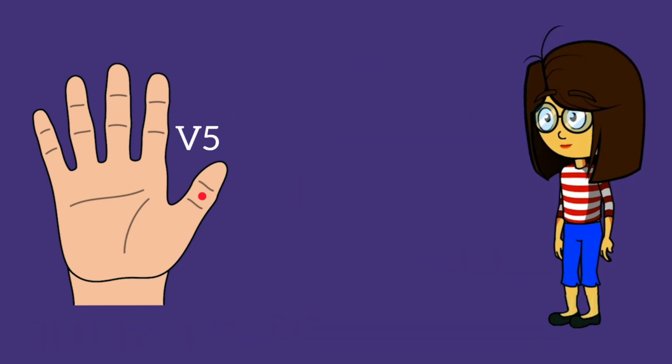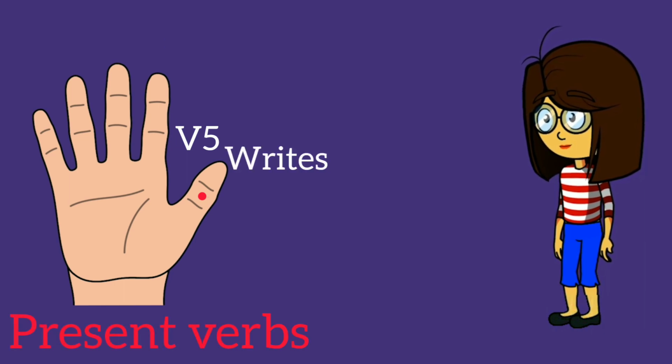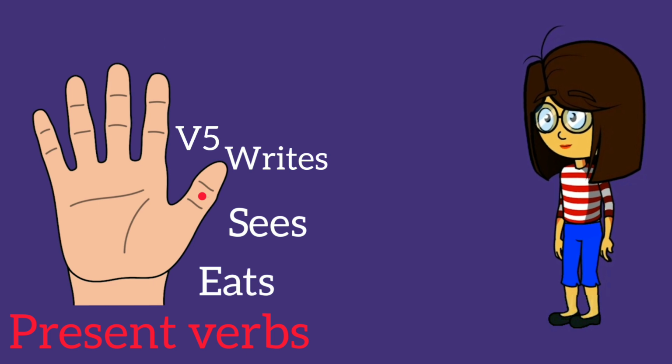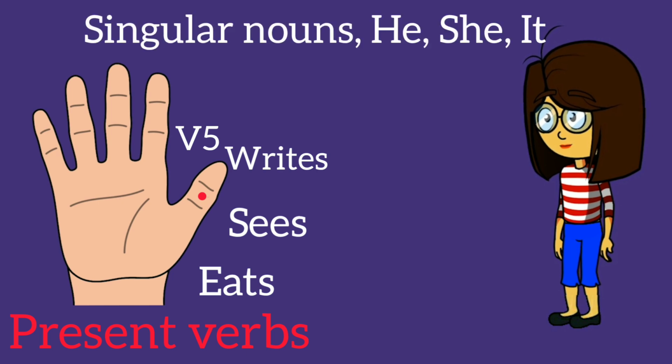Finally, V5 is also the present tense, like writes, sees, eats, etc. V5 usually comes next to singular nouns and to the pronouns he, she, it.